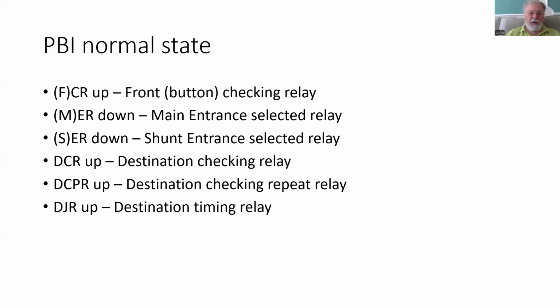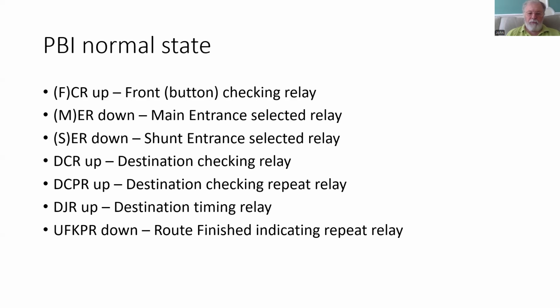And we have the DJR, the destination timing relay. This is the relay which resets the PBI if nothing happens for a period of time. And typically that's 7 to 10 seconds after either an entrance has been pressed or an exit has been pressed that the PBI will reset.